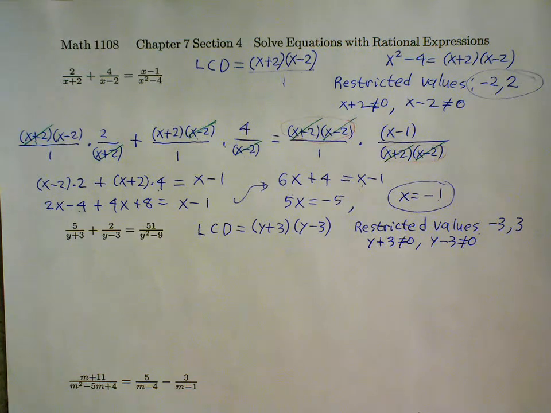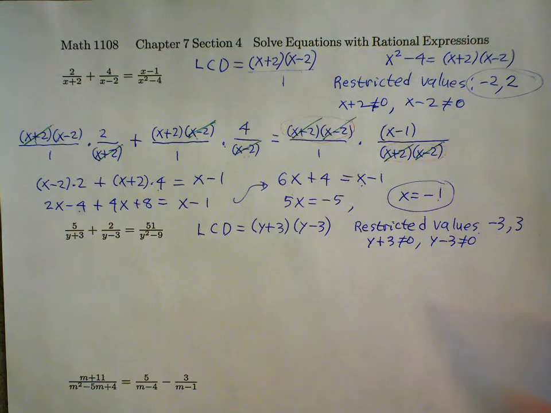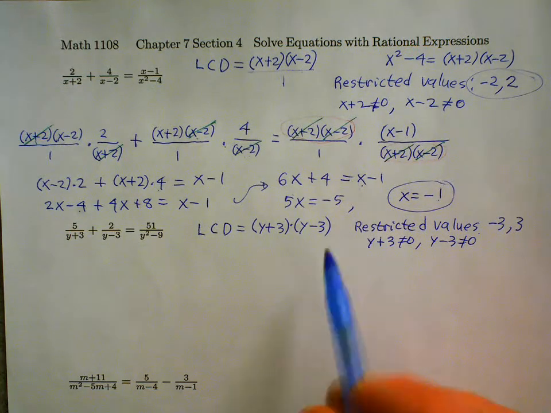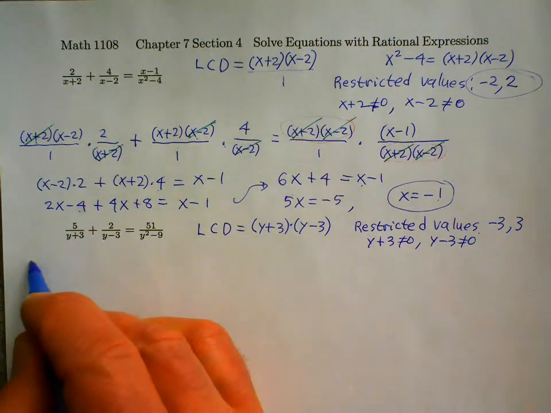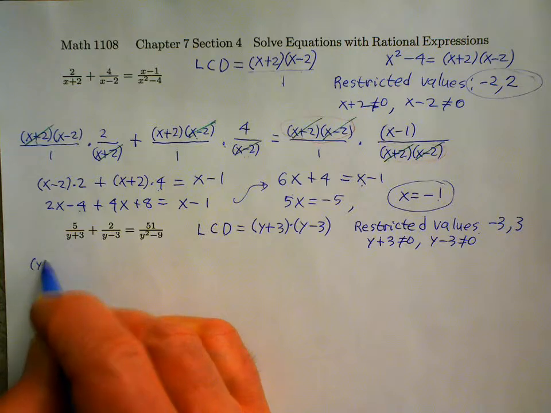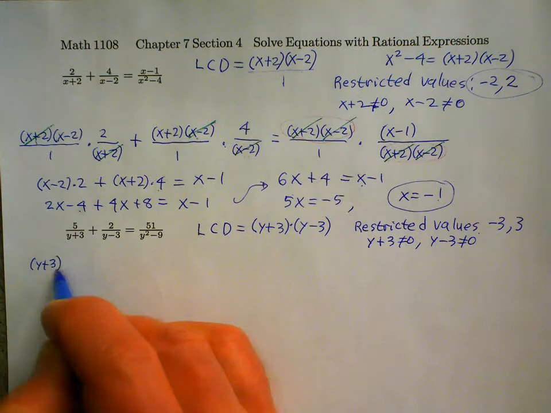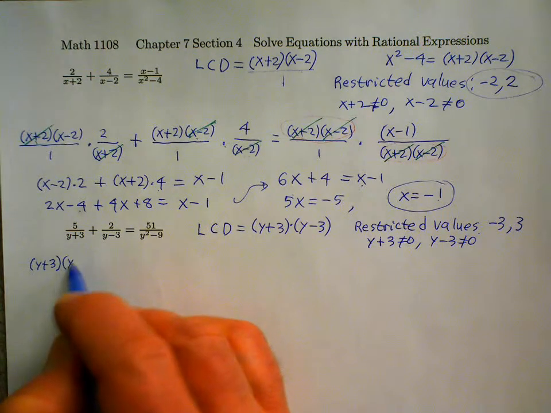Okay, then multiply every term on both sides by the least common denominator. Okay, every term gets multiplied by y plus 3 times y minus 3.